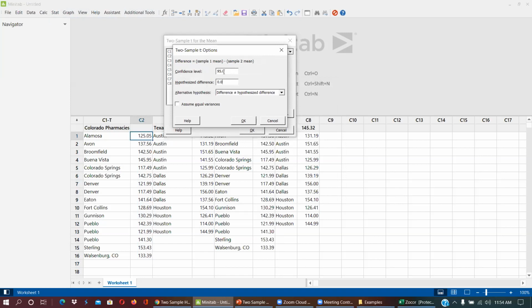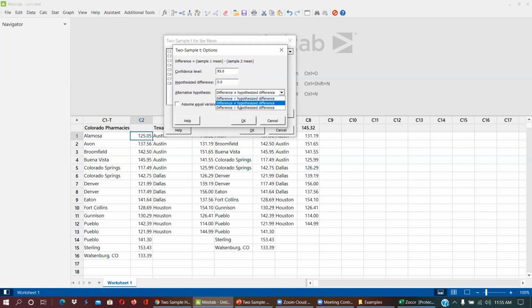That means 5% significance; Minitab automatically takes a 95% confidence level and 5% significance level. Always remember, Minitab doesn't take the null hypothesis, therefore we always need to put the alternative hypothesis.